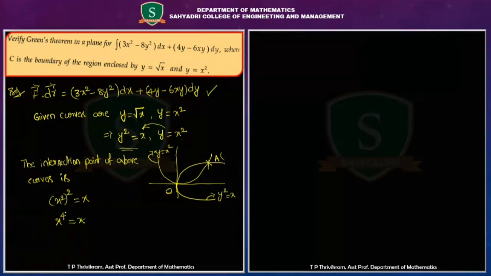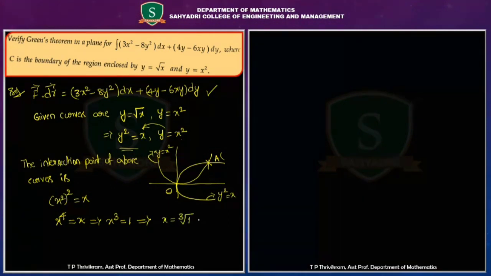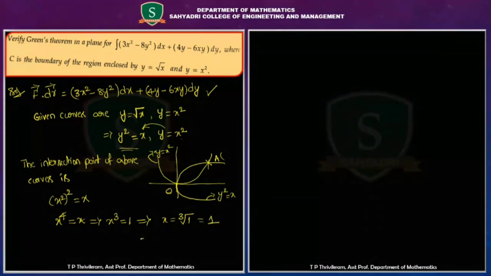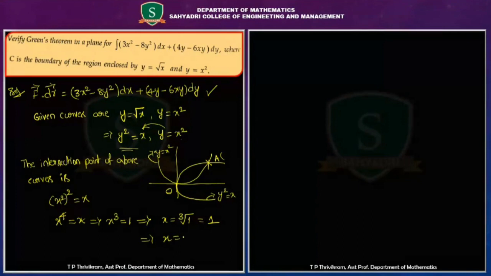So x⁴ equals x, and one x gets cancelled, which implies x³ must be equal to 1, so x must be the cube root of 1. One to the power anything is 1, so x value will be 1.